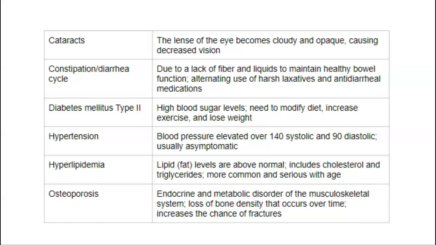So those back vertebra can become compacted upon each other and get little impaction fractures, versus a femoral head fracture, because of falls. We'll talk a little bit about falls in a couple of slides, but making sure that we keep these people on calcium and vitamin D supplementation, exercise, limiting caffeine, alcohol, and smoking is very important.